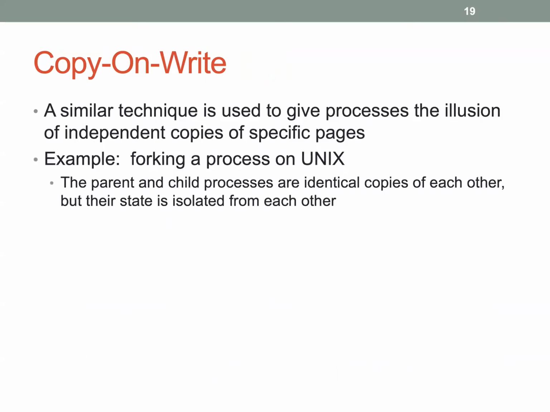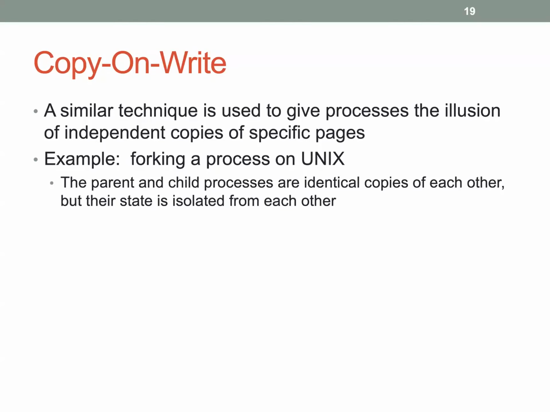Process forking is a super common place where this appears. You have the parent and it forks and now there's a child. Now the child is supposed to be an identical copy, but the parent and child can diverge in their state as they run. The parent can manipulate its state in one way and that's isolated from the child. The child can manipulate its state in another way and that's isolated from the parent.